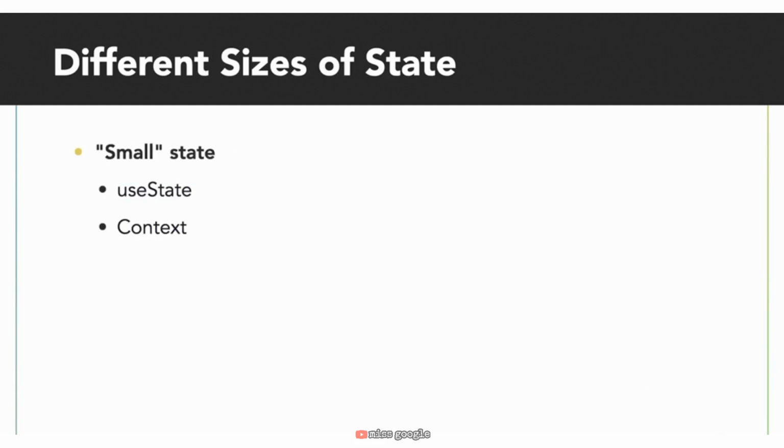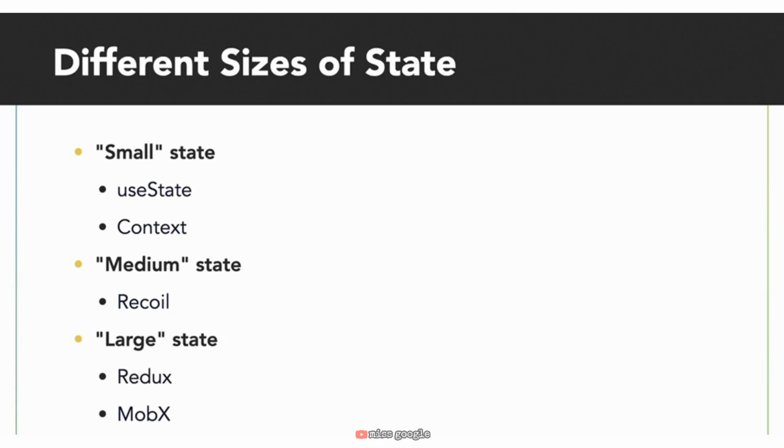That is, state that really deals with just very small atomic pieces of data that we want to deal with. And that's usually taken care of by the vanilla React state management tools, useState and context. Moving up, then, we have medium state. This is generally state that applies to a smaller subset of the components in our application, but needs to be shared between them fairly regularly.